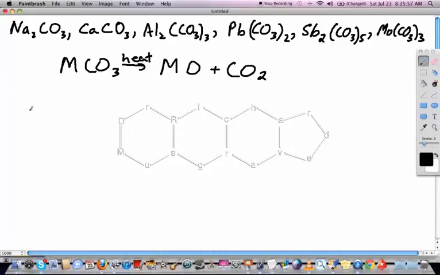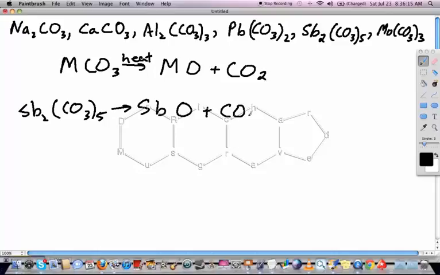We're going to look at Sb2(CO3)5. It's going to split into Sb and O. We don't know the formula of that yet, and CO2. So we've got Sb2(CO3)5, that's 2 Sbs and 5 CO3s.